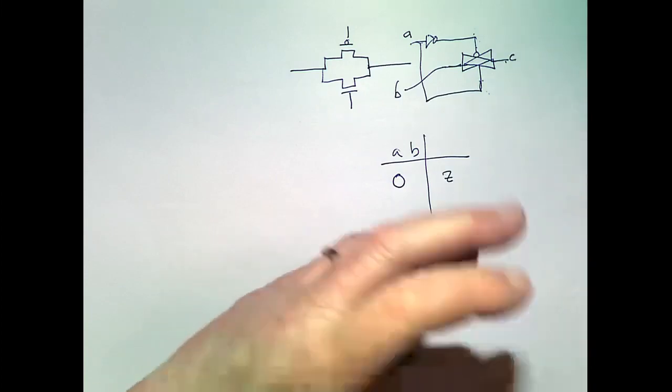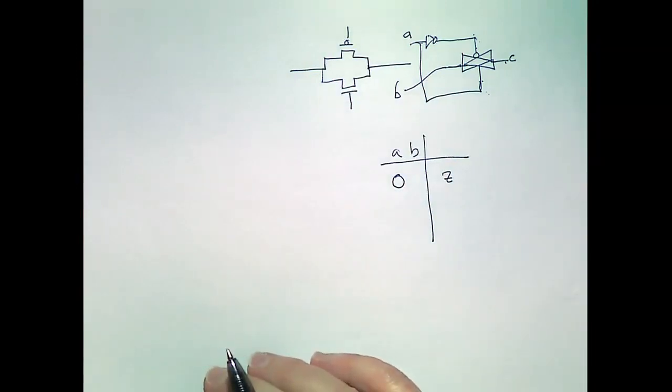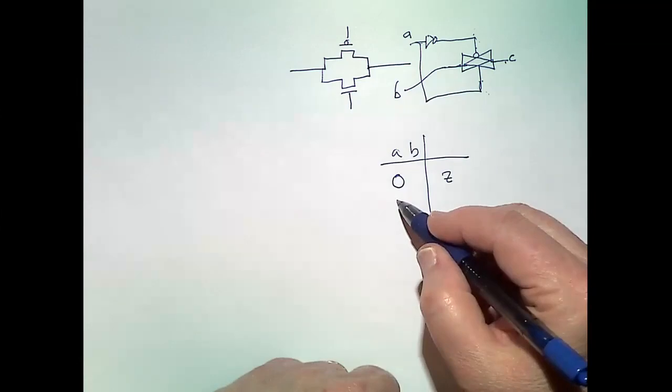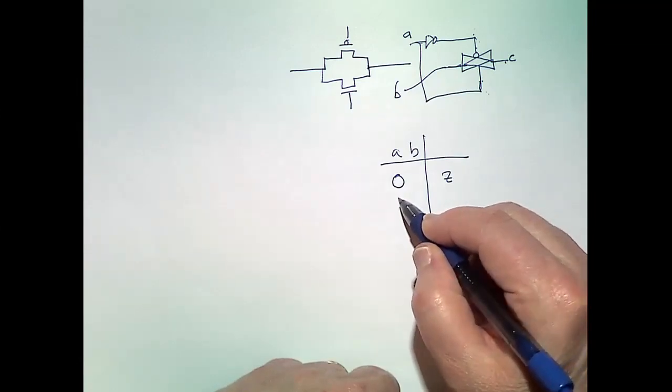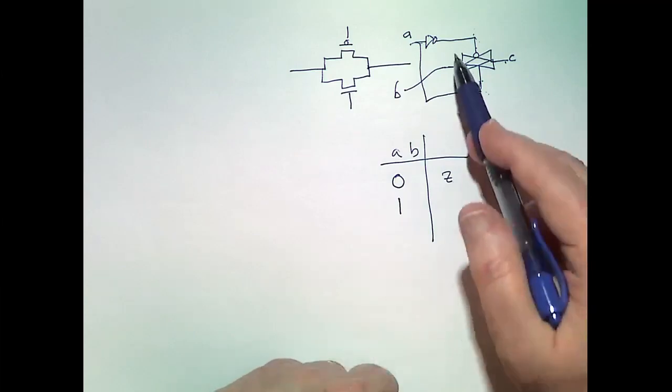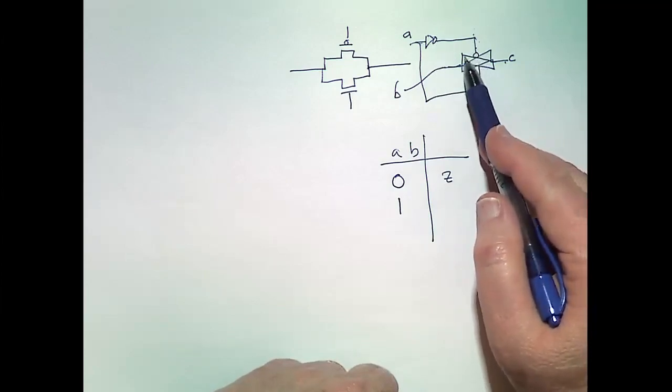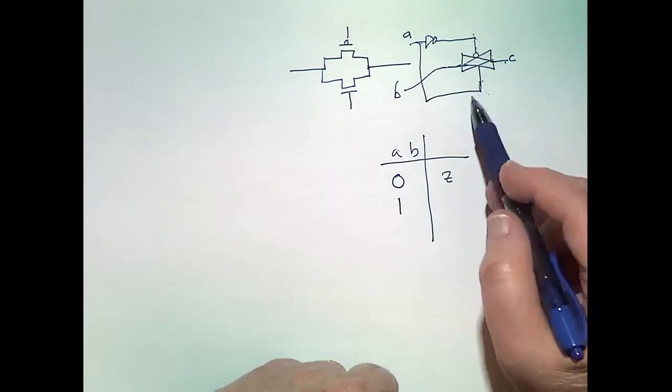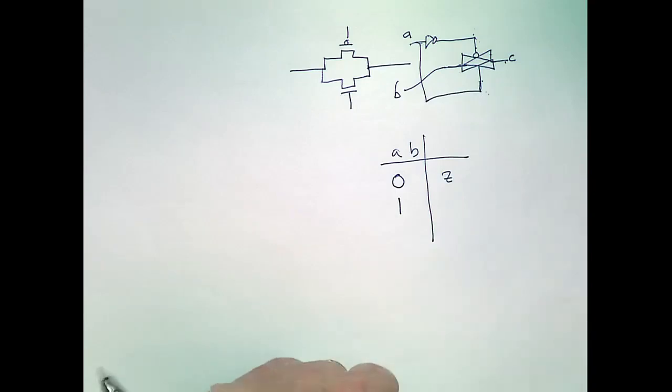We don't have a value for C. How about when A is 1? Now this PMOS transistor is on and this NMOS transistor is on.